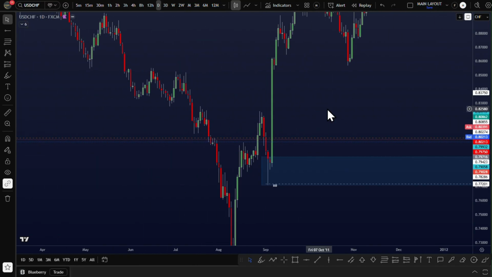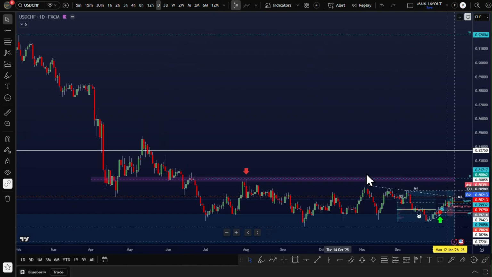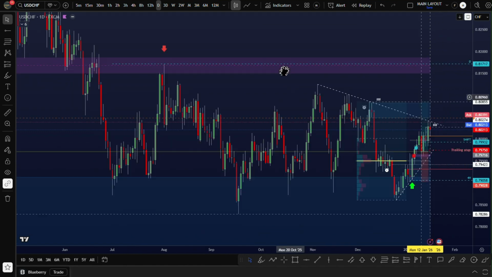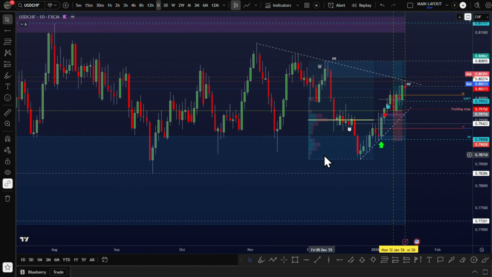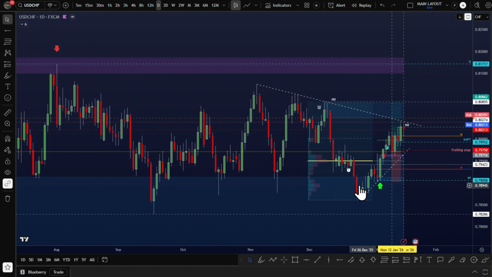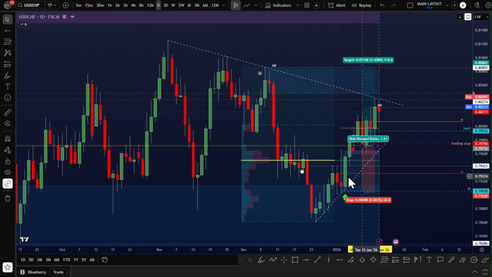Let me zoom in. You see we have some good demand here. Price is currently holding above this demand. So I was looking for long, on top of the fact that I was bullish on dollar this week, so that's where my setup comes in.